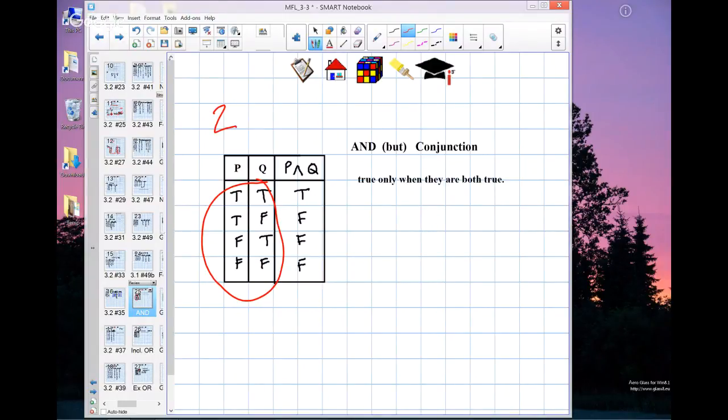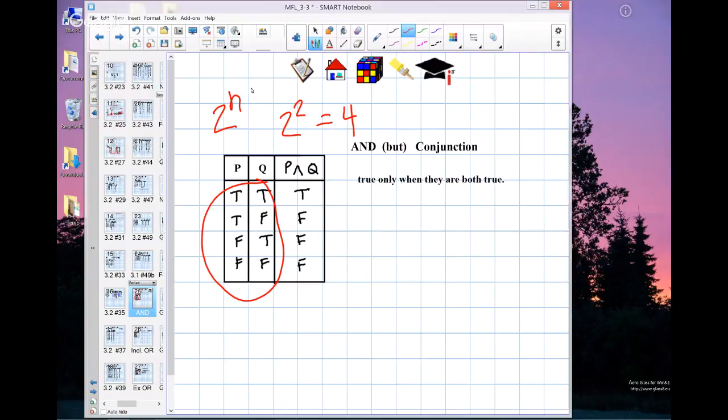Remember the little rule, 2 to the n, where n stands for how many statements there are. Because we have 2 in this case, we need 4 rows. And then first column, half and half, 2 true, 2 false, then go by ones, true, false, true, false.